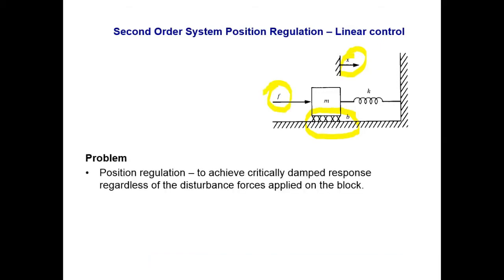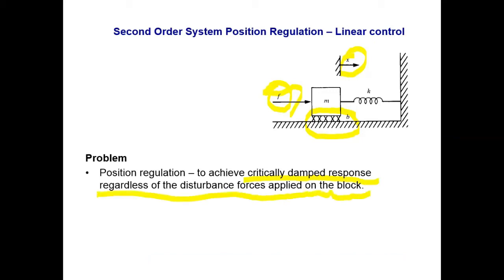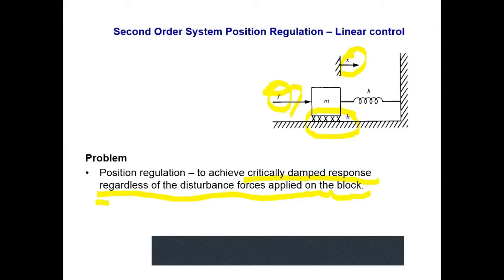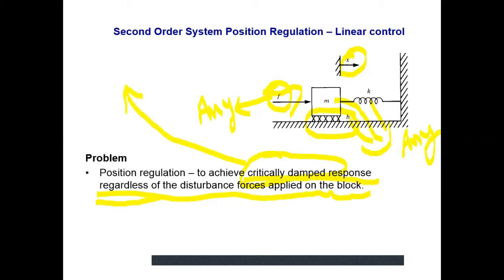Here the objective is position regulation and we have to achieve a critically damped response regardless of the disturbance forces applied on the block. So in this problem, the variable F may hold any value. Also, the constants b, k, or m may hold any value. But we know that for a critically damped response, the value of b should be equal to 2 times the square root of km.